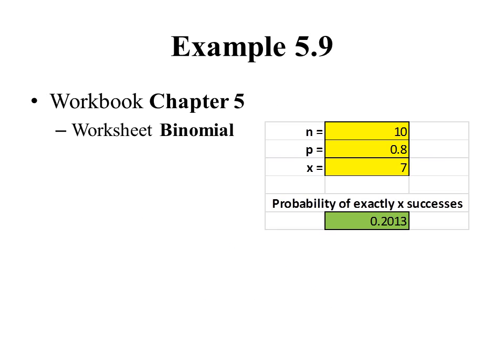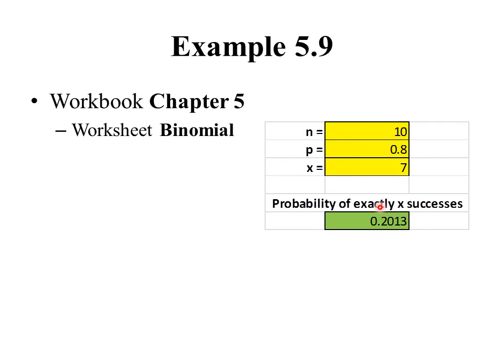So we've built this formula into this workbook, chapter 5. There are several different worksheets in that workbook. If you go to the worksheet binomial, you'll see some cells that look like this. In these workbooks that I have built, the cells in yellow are cells that we can change.